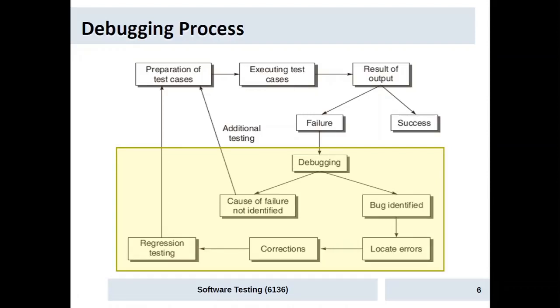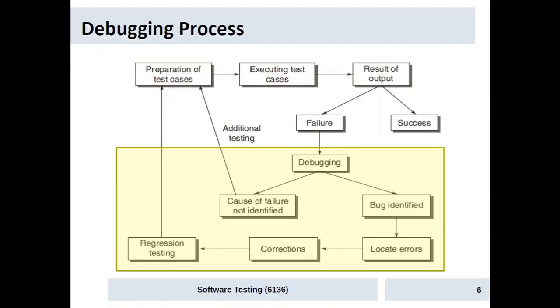If the bug is identified, or if after analysis it is found that it is a defect in the system, then the next process is to locate the error. Which module or which function caused that error? If it is a big program, then you need to go through the entire modules and see what has caused the error, then fix that error.